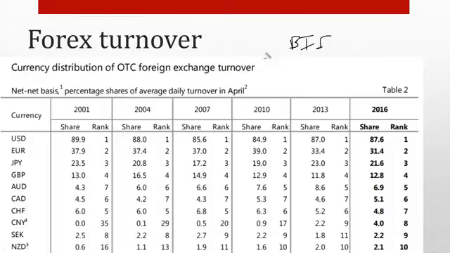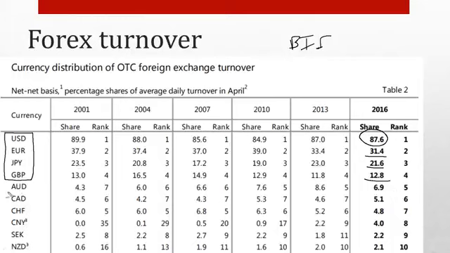You can see that in 2016, 87.6% of all transactions were USD transactions. About 31% were Euro transactions, 21% Japanese yen, and about 13% the British pound. As I mentioned earlier, this top 4 is where the most transactions are done.